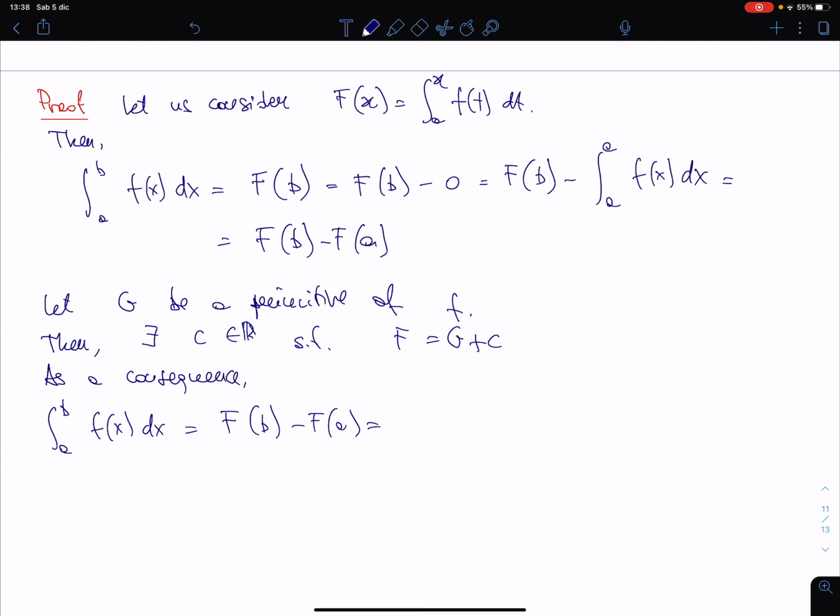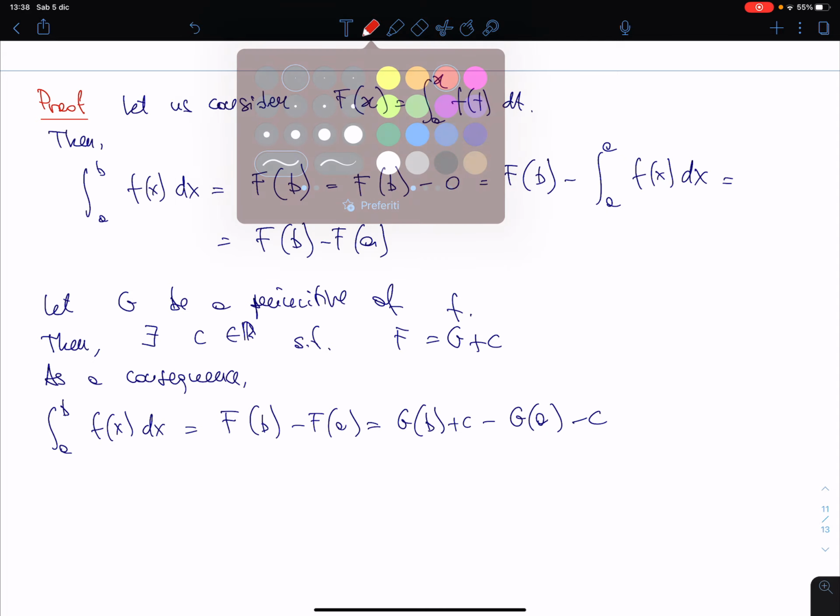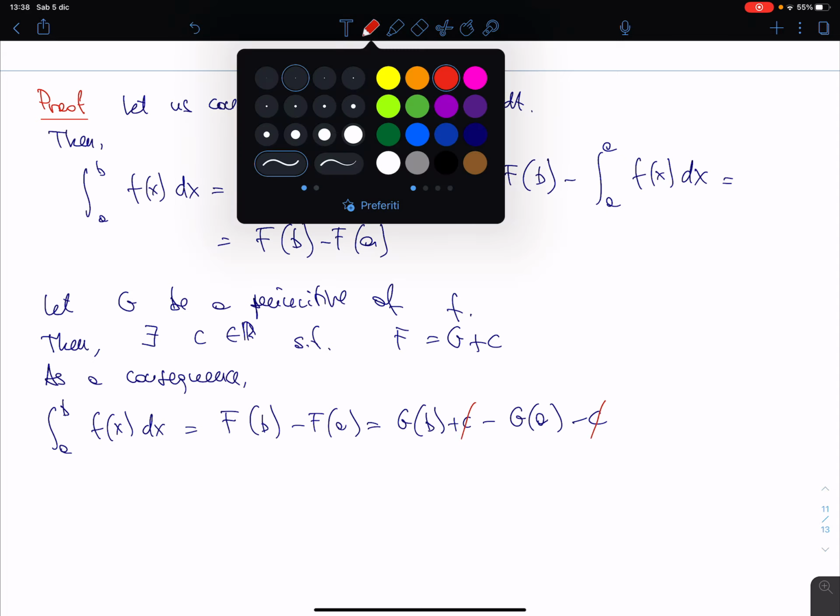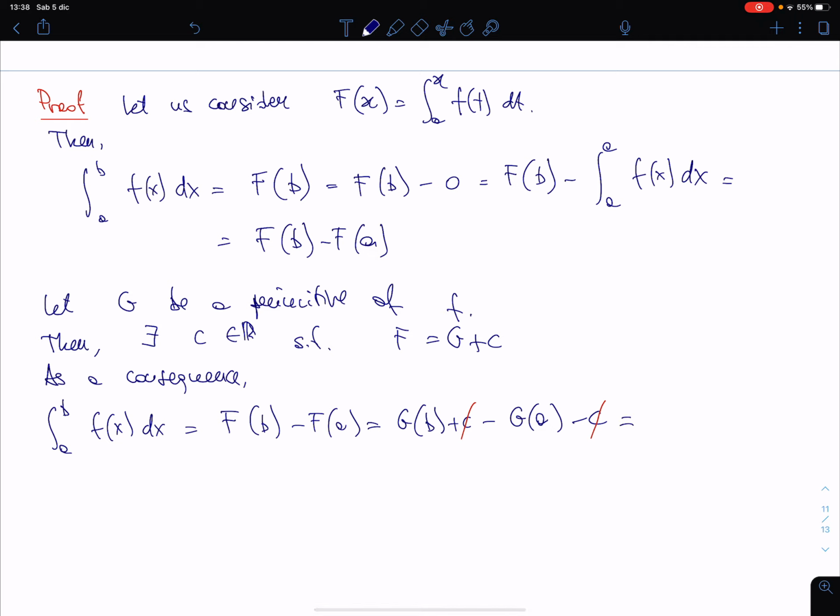This is equal, since F is equal to G plus C, to G of b plus C minus G of a minus C, and the two C's cancel each other, and one ends up with G of b minus G of a. And this is the end of the proof. Okay?